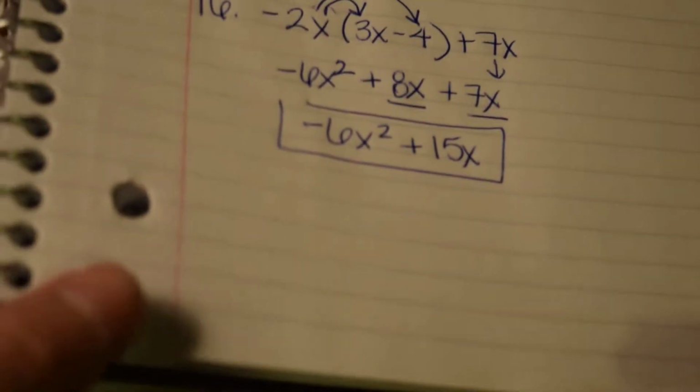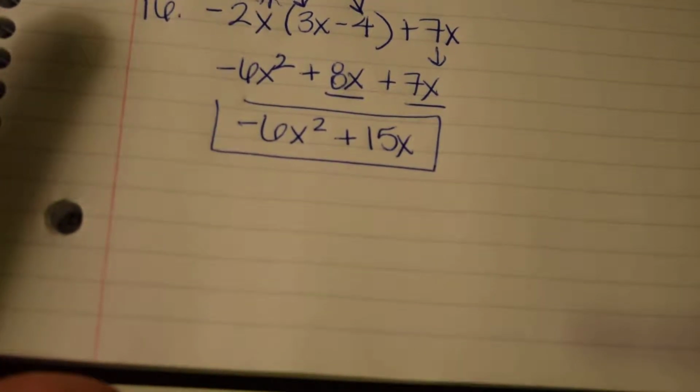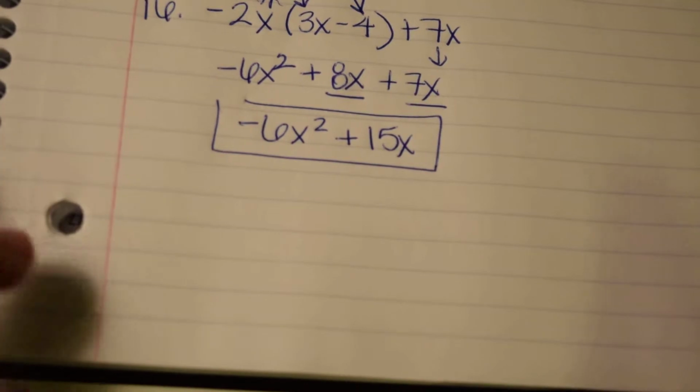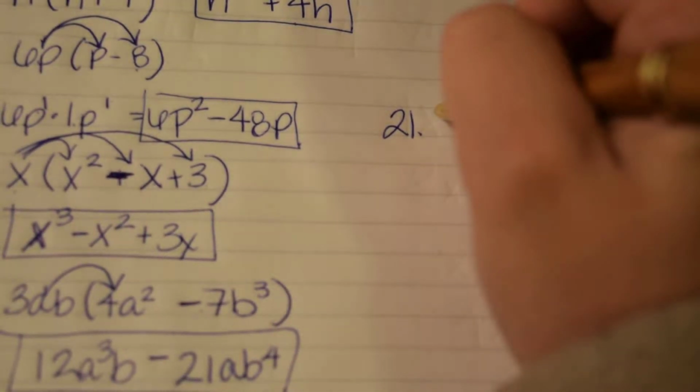So number 21 is a bit of a challenge, but I would love if you would like to try that one. So let's do 21 real quick, just for a really nice challenge. I don't think I gave myself enough room on this sheet.